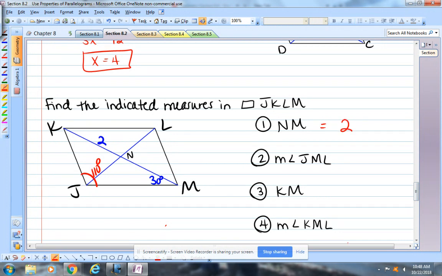All right, next wants me to find the measure of angle JML. Well, JML is the whole angle. Correct? JML is that whole angle. Well, what can I use to help me out with that? Consecutive, right?